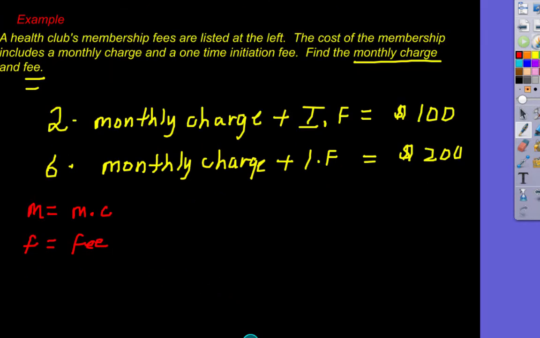Our system is going to be 2M plus F equals 100, and then 6M plus F equals 200.